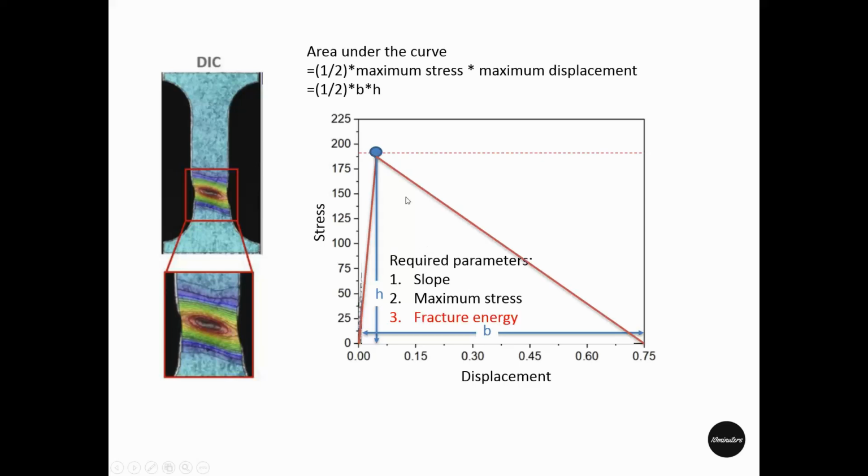So knowing the fracture energy, or the area under the curve, and also knowing the height already, we can calculate the width b. And by that, a triangular cohesive law is completely defined by three parameters: the slope, the maximum height it attains, and the fracture energy.